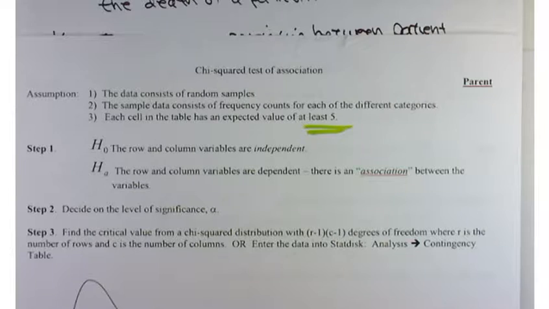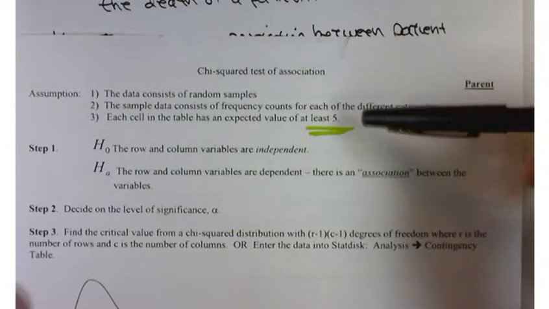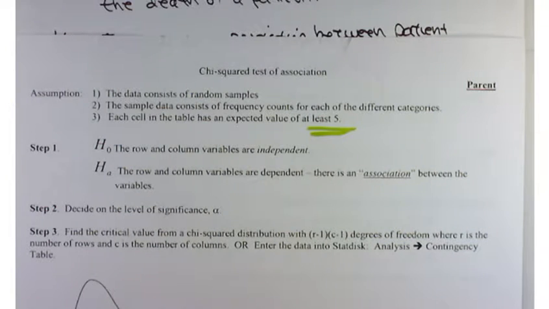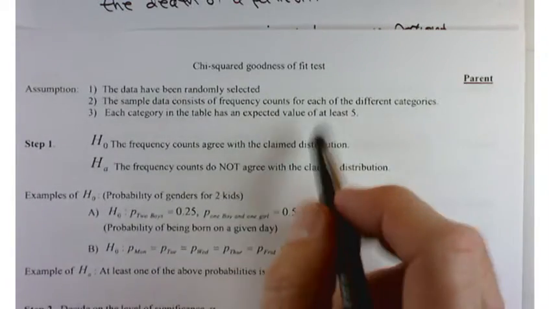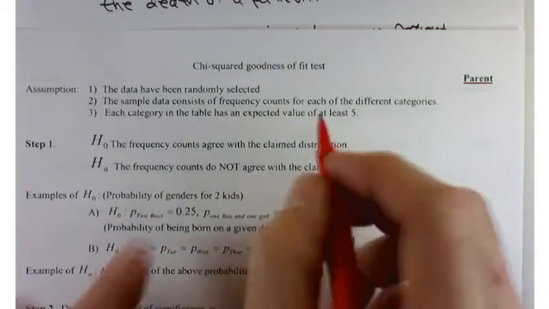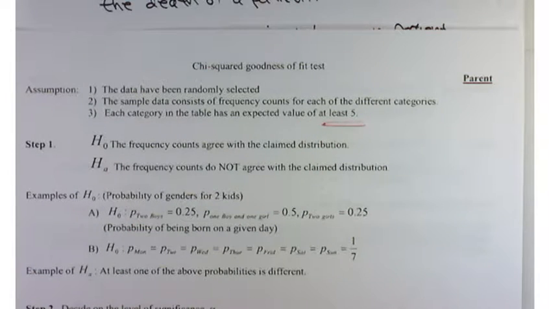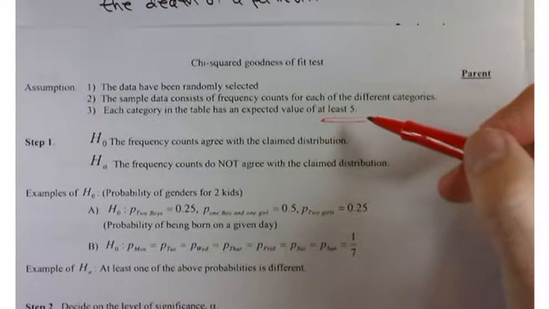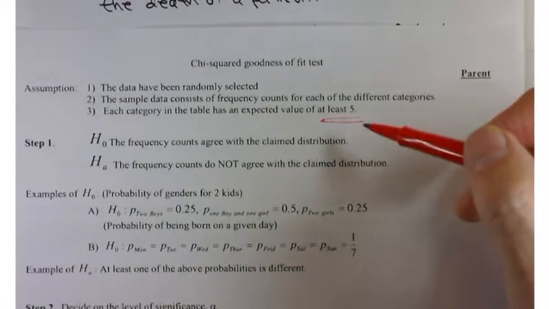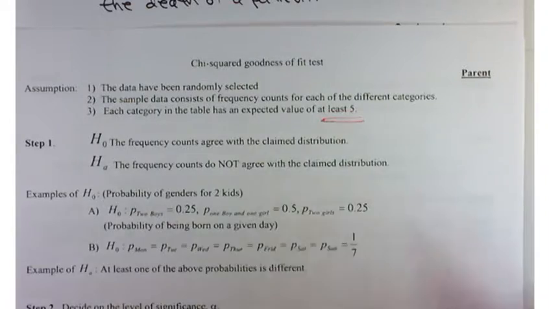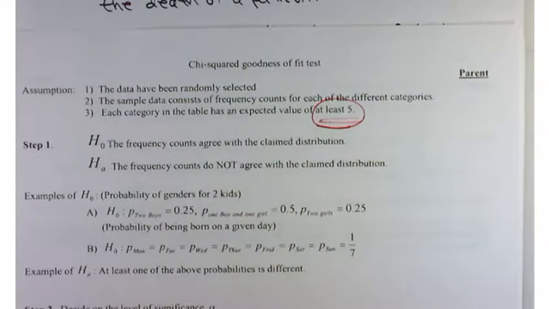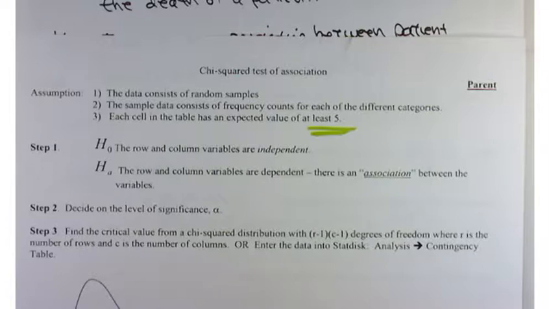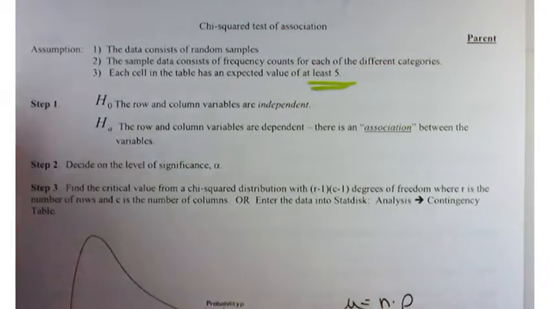I think I forgot to mention that in the last section, but in each of these chi-square goodness of fit tests and tests for association, the expected values have to be at least 5. That's why when we made up our data for Benford's test, I had you create 7 of your own cities so that we had an expected value of at least 5 in each of those cells. That expected value is just n times p.